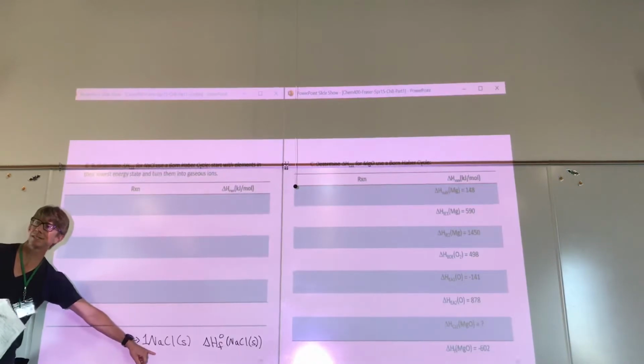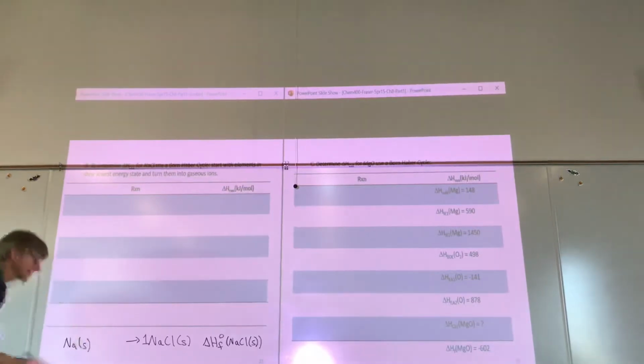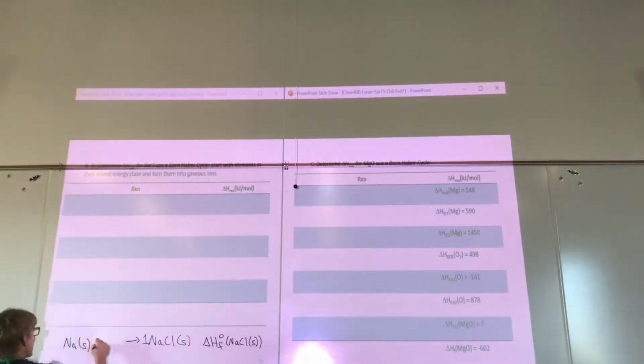Sodium has black letters. That means it's a solid. It is not one of the diatomic elements, and therefore we write it just as an atom in its solid phase. Chlorine, on the other hand, has as its lowest energy form at room temperature chlorine gas.